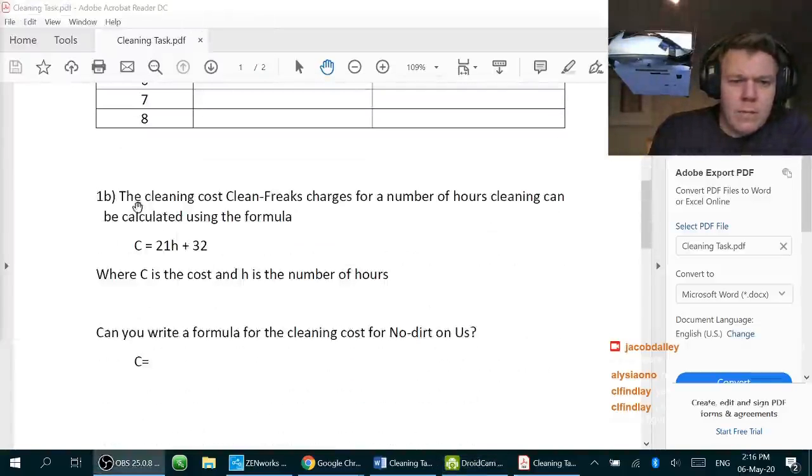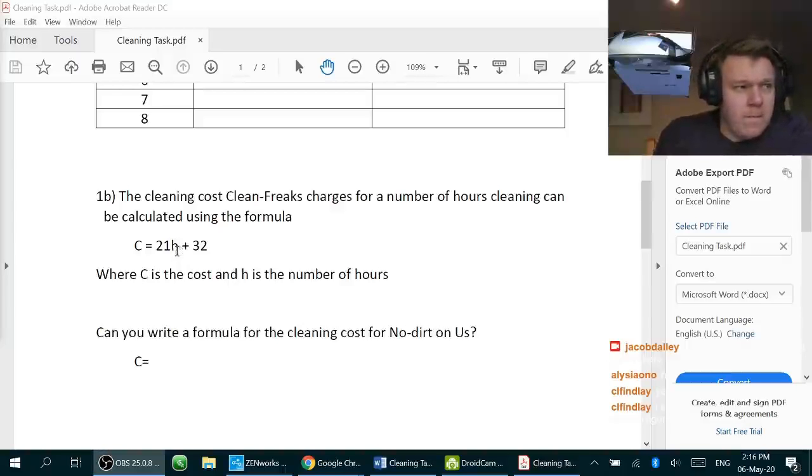Part B: the cleaning cost at Clean Freaks for a number of hours cleaning can be calculated using the formula C equals 21H plus 32.